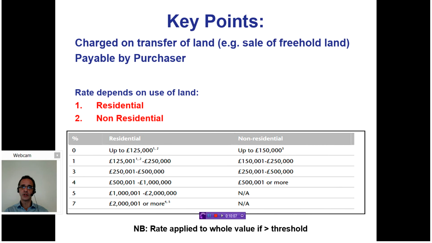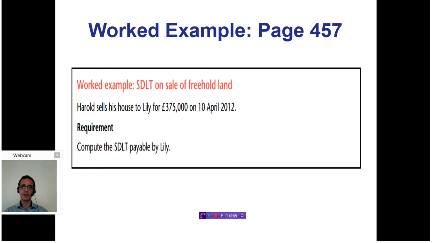Okay. So, worked example, we have a house being sold at 375, and we're asked to compute the stamp duty land tax payable. So all that we would do is realize first and foremost that this is a residential transaction because it's Harold's own house.